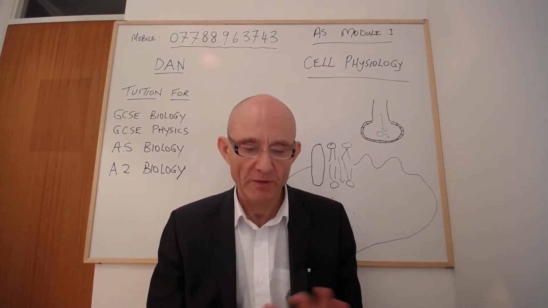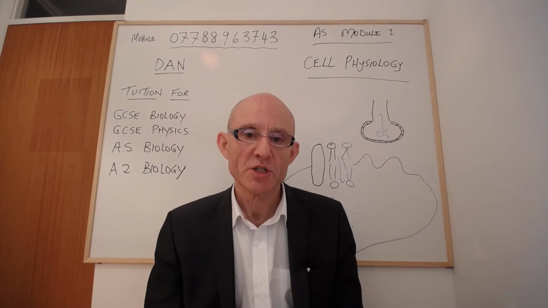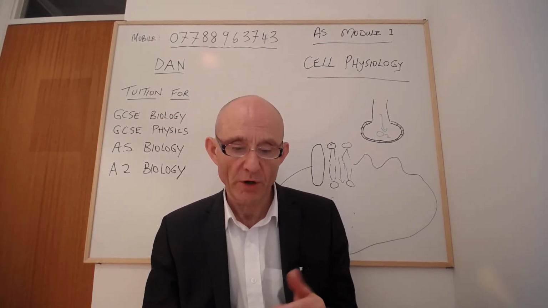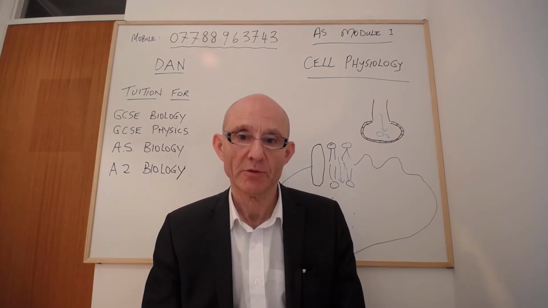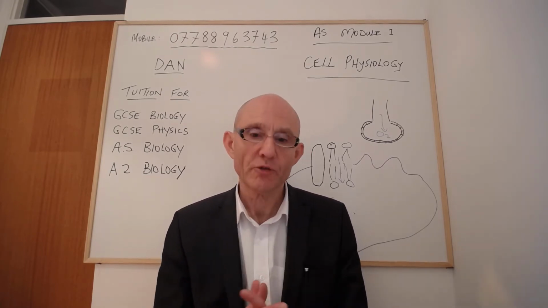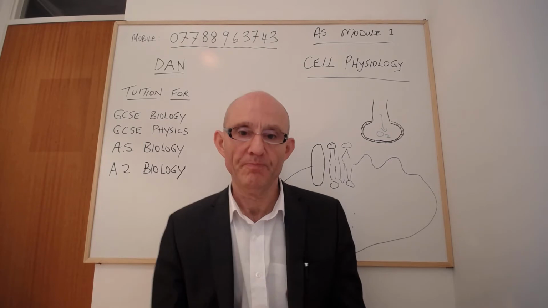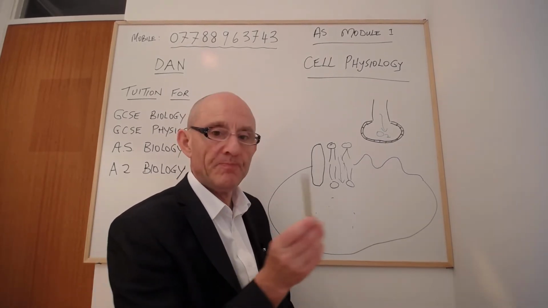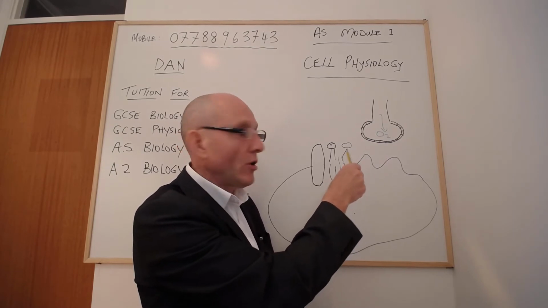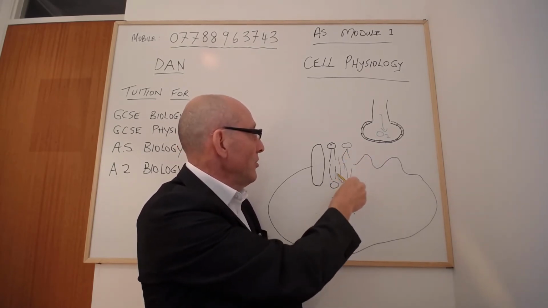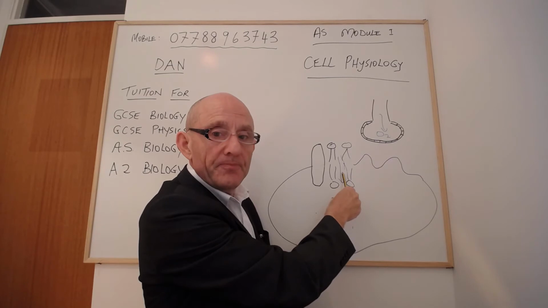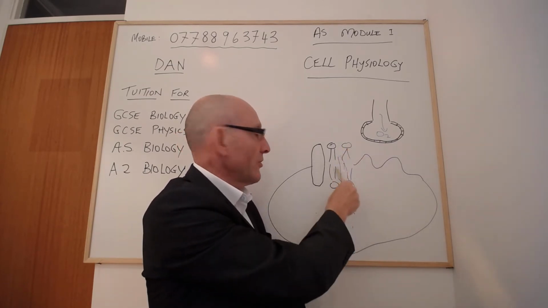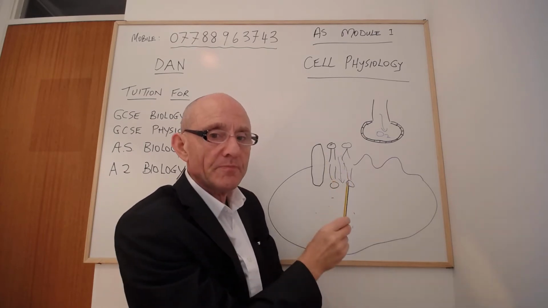I've said here that this is needed for charged or so-called polar molecules, water-soluble molecules such as ions, and also for big molecules such as glucose. So why is it needed? Well, first of all, if you're an ion, a polar molecule, you can't get through the phospholipid layer because it's hydrophobic. It'll not let you through. So polar molecules simply can't get through here.